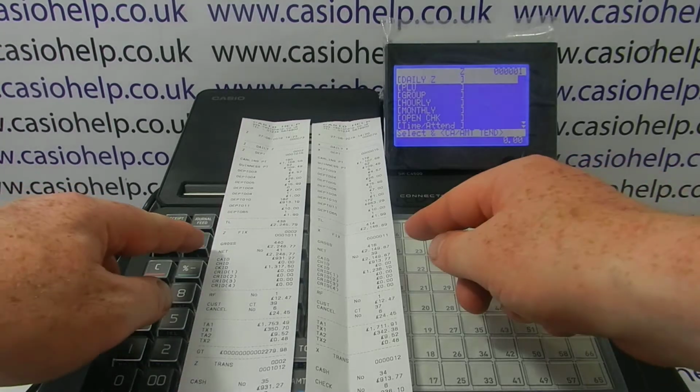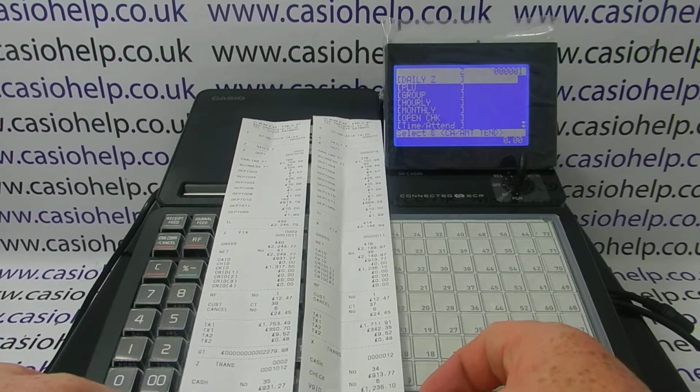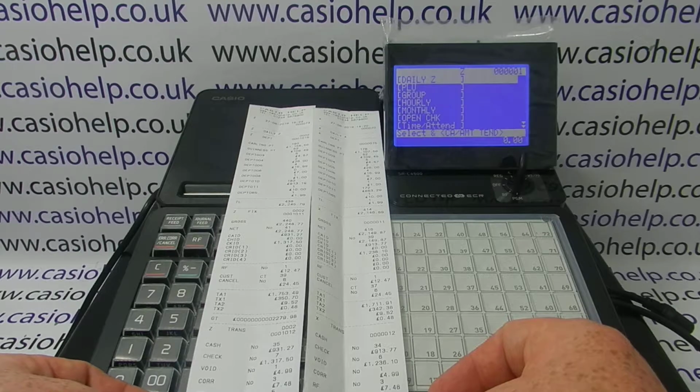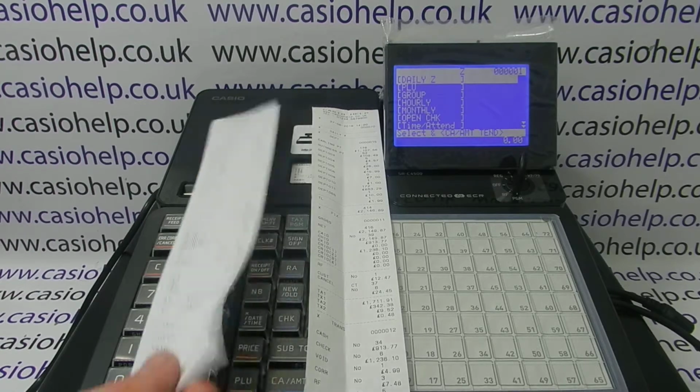We look at the two gross figures, which are slightly different, so you can see there's more sales on there, and also the cash in draw and card in draw totals are different as well, because I've taken extra payments since I ran the X report.